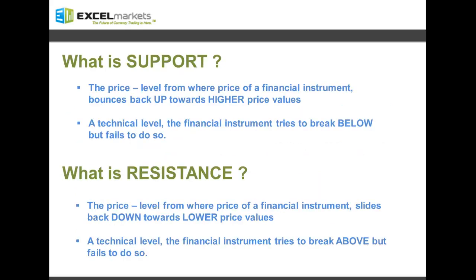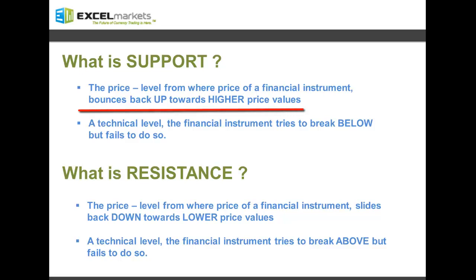So we learned that the Fibonacci retracement levels help us identify the support and resistance levels. But what is a support or resistance? Support is a price level from where the price of a financial instrument bounces back up towards higher price values.